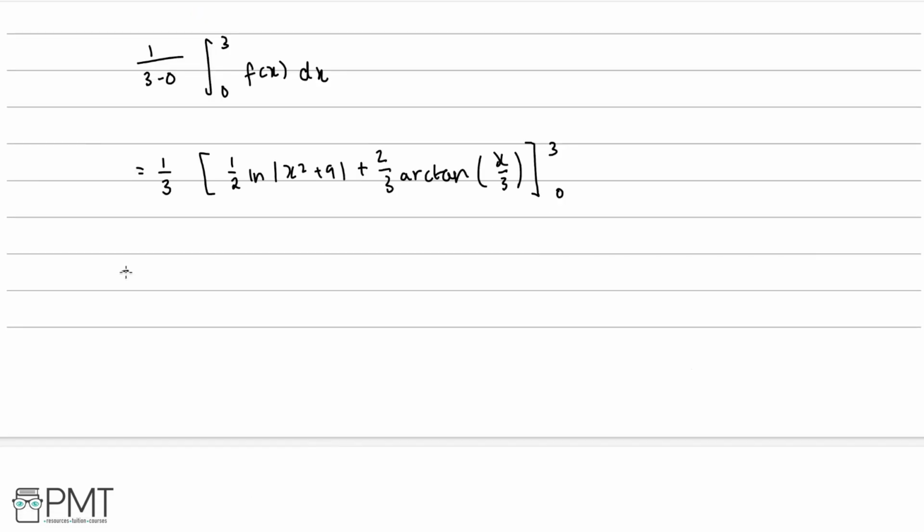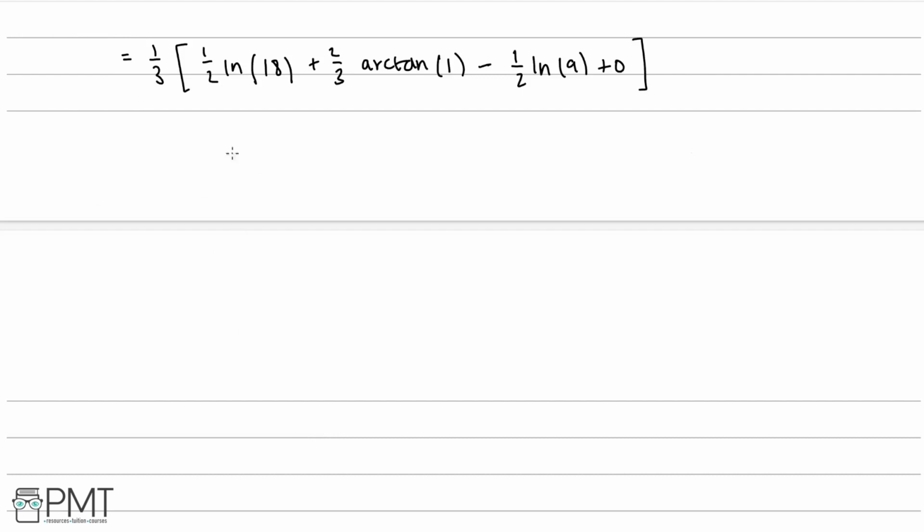So we have a third times, well, we have a half ln, or 3 squared plus 9 will just be 18. So a half ln 18 plus 2 over 3 times arctan, well, 3 over 3 would just be 1, so arctan 1, minus, well, a half ln 0 plus 9 would be a half ln 9, plus 2 over 3 arctan 0 over 3, which would be arctan 0. Well, arctan 0 will just be 0, so it would just be plus 0.